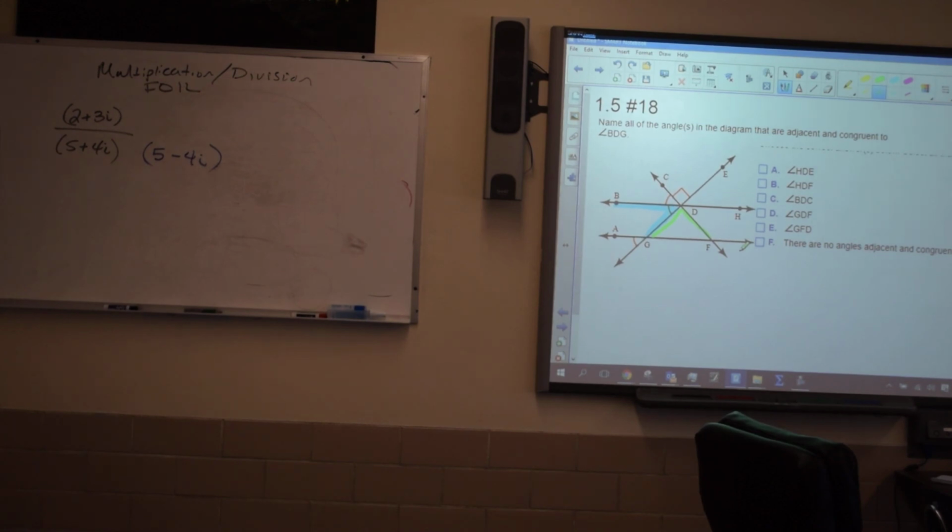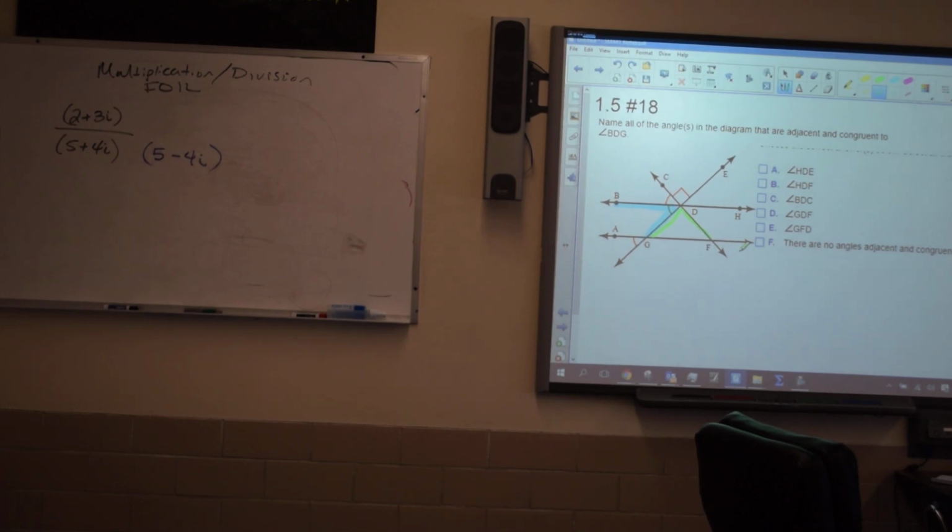If they wanted you to mark the ones that are congruent along with the ones that are adjacent, okay? So it gets a check mark if it's congruent, and it gets a check mark if it's adjacent. Either one of those things, okay? They would have said, name all of the angles in the diagram that are adjacent or congruent to angle BDG. Does that make sense? Okay?